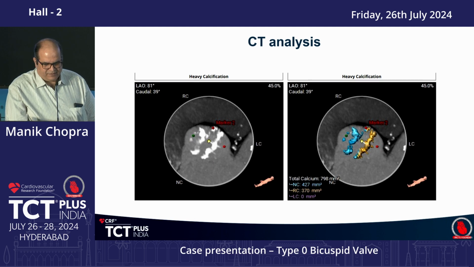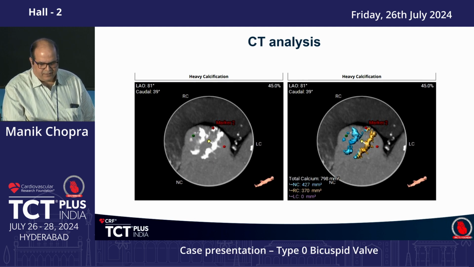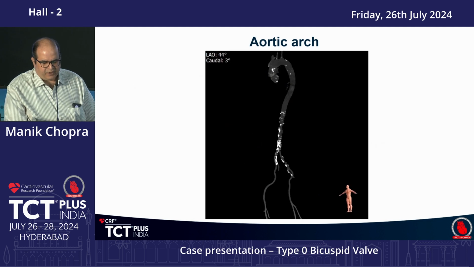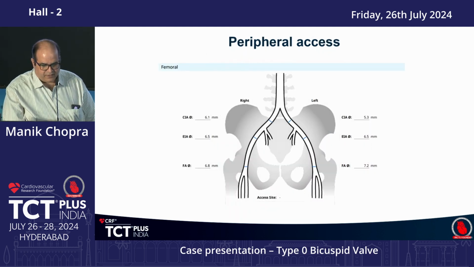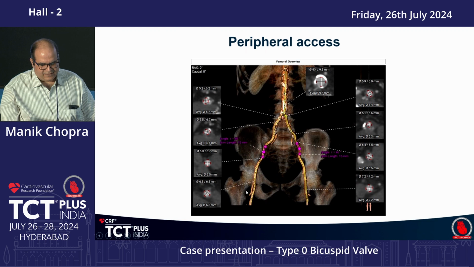You can see that the calcification is heavy, and it's symmetric on both the leaflets. The aortic arch is usual. There is no acute angulation in the aortic arch, and no acute curves. Regarding the peripheral access, you can see that the access as such is good and is more than 6, except for the infrarenal abdominal aorta position, where it's around 5.7, and here it is around 5.3.